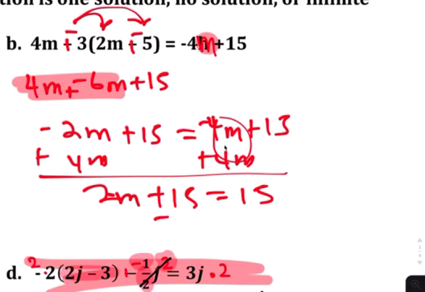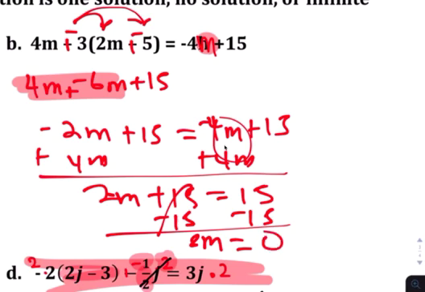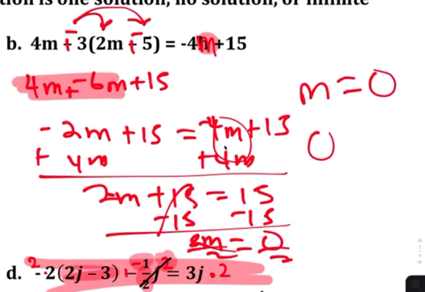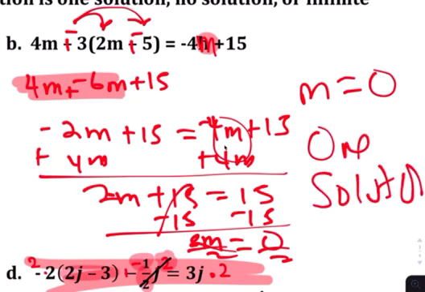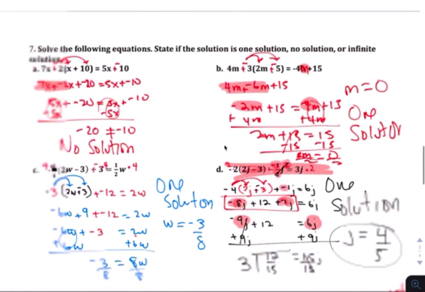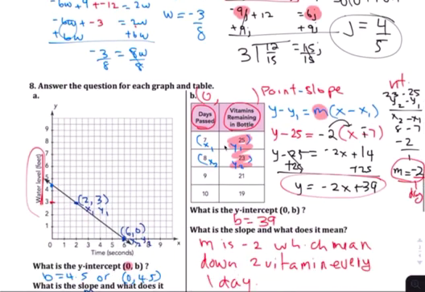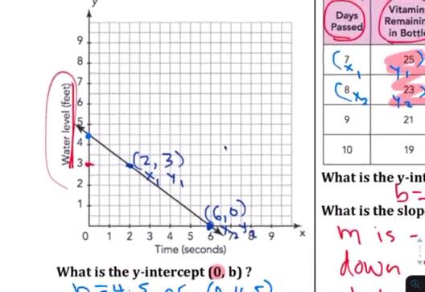You make the 15 equal to 0. 2m equals 0, divide by 2. M is 0, one solution, okay? This is one solution. You can tell it's one solution as soon as here because the rate of change, or the coefficients, more coefficients because we're not graphing, are different, okay?